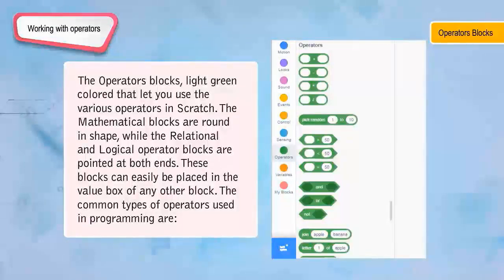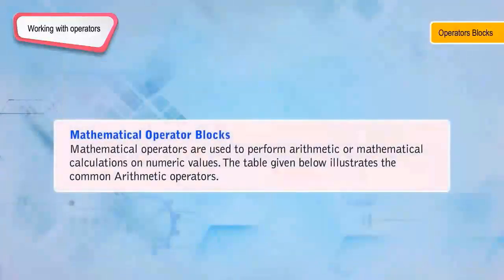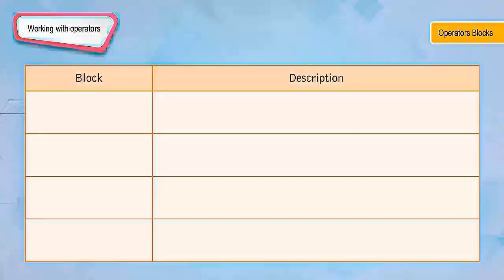The common types of operators used in programming are mathematical operator blocks. Mathematical operators are used to perform arithmetic or mathematical calculations on numeric values. The table given below illustrates the common arithmetic operators.